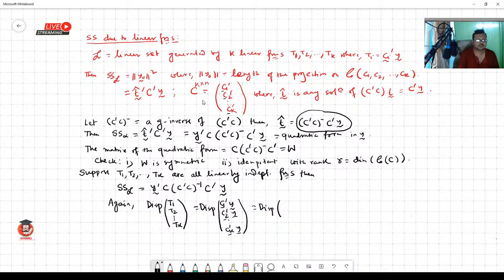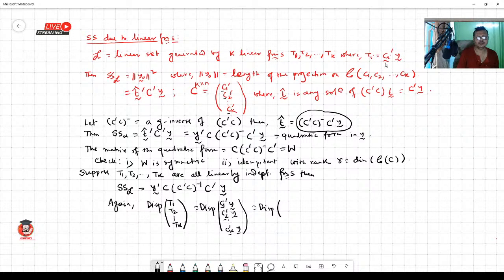This is a C matrix. This is C1 prime y curl.